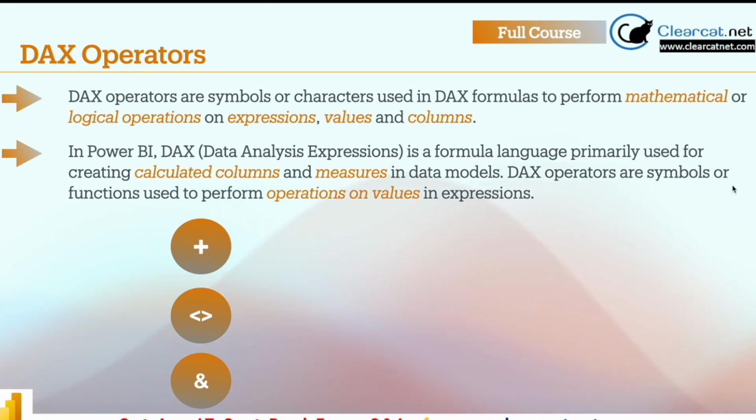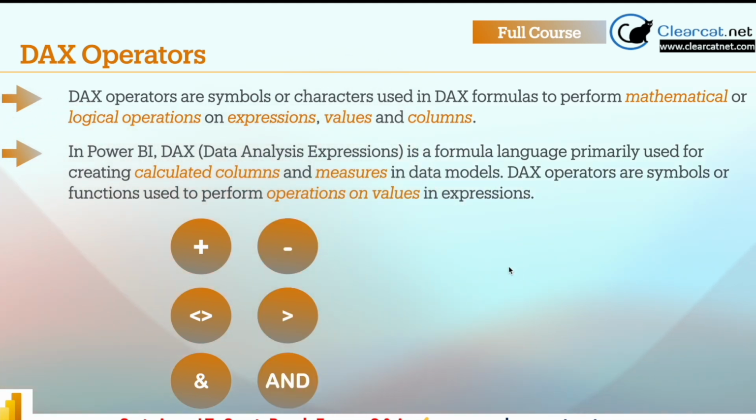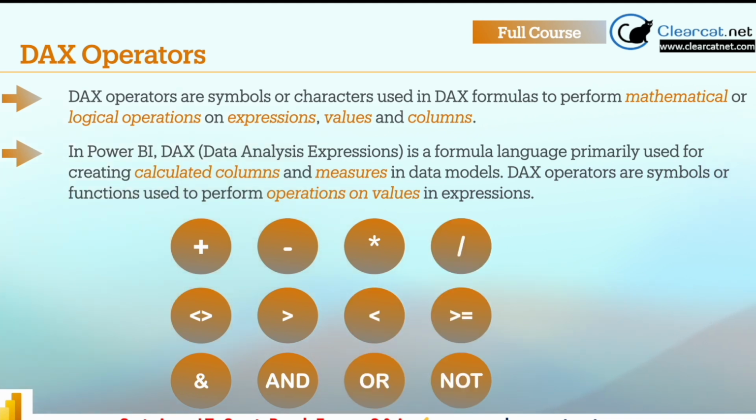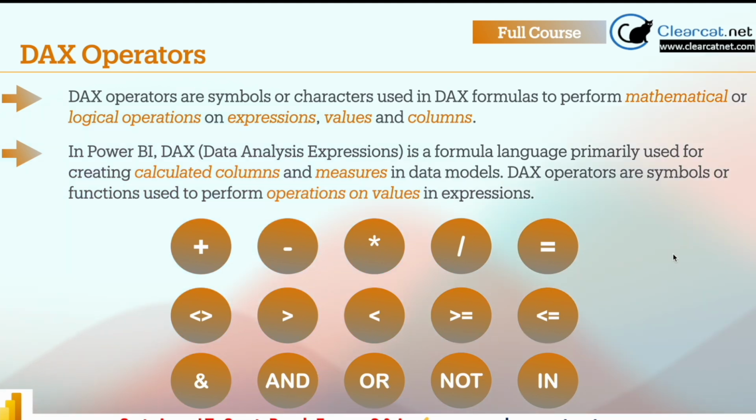DAX operators are symbols or functions used to perform operations on values in expressions. There are a total of 15 DAX operators which we are going to use in this entire course, like plus, minus, greater than, equal to, and, or, and these operators are categorized into different sections.